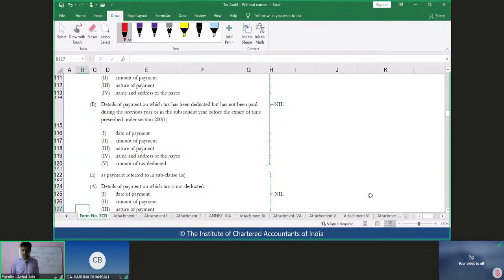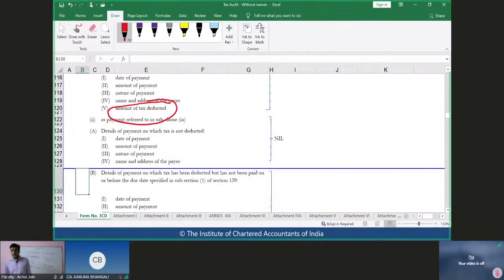Now in this case you can see one more clause has been added, amount of tax deducted, and you will see this is missing under A. Sorry, this is missing under A, and I am hoping you will understand why. Because under A, tax has not been deducted at all, but under B, tax has been deducted but not deposited. Yeah, so this is also required to be considered.